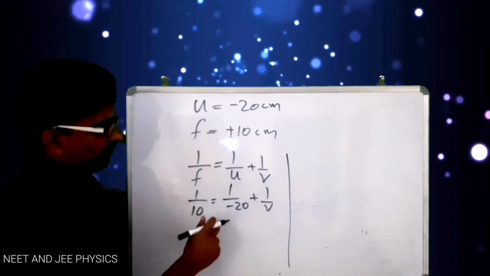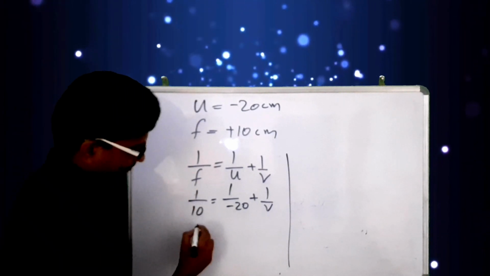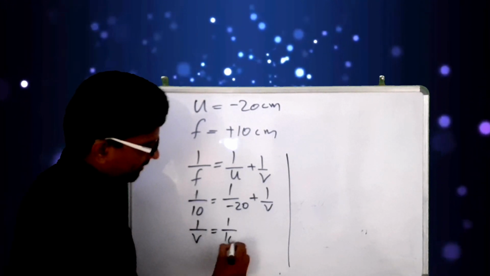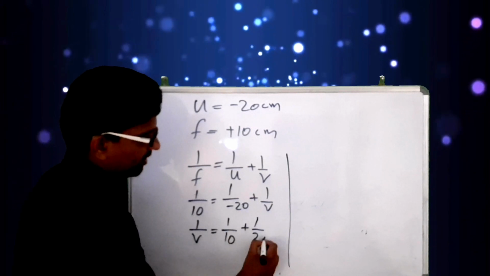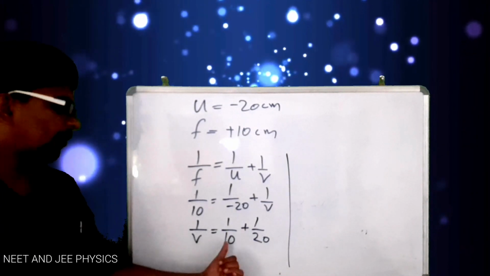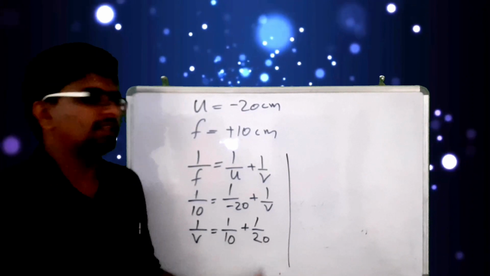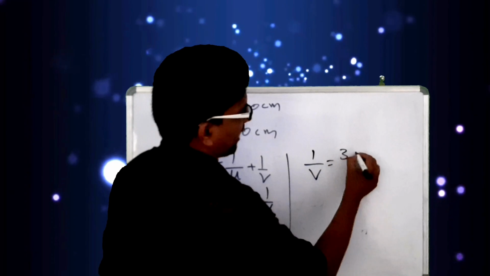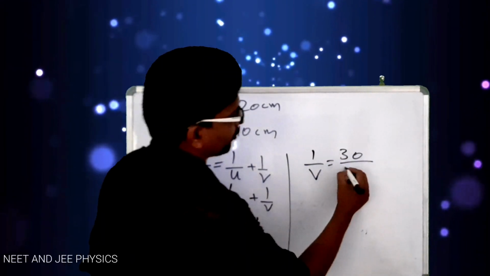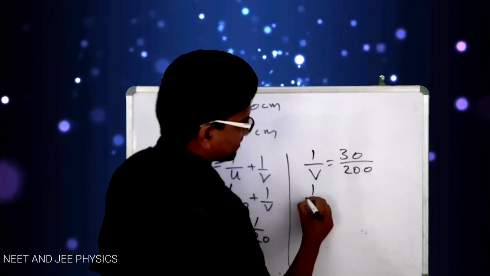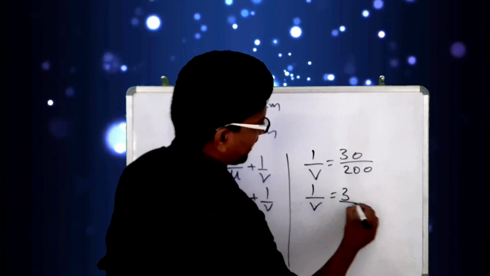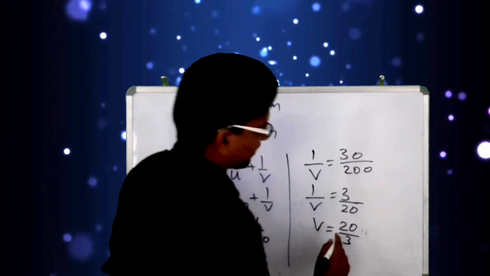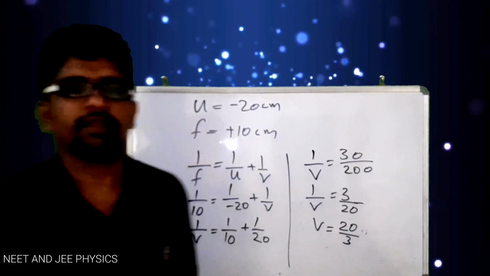So 1 by v equals 1 by 10 plus 1 by 20. By cross multiplication, 10 plus 20, that is 30, so 1 by v equals 30 divided by 200. That means 1 by v equals 3 divided by 20, or v itself equals 20 divided by 3.